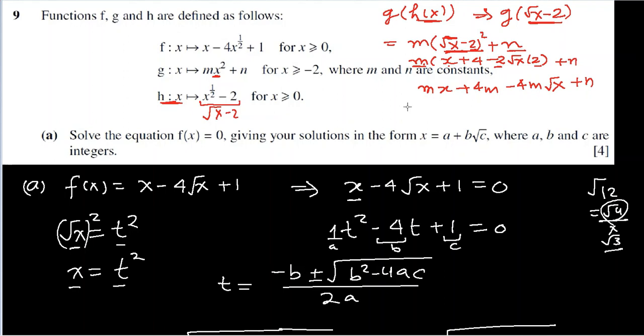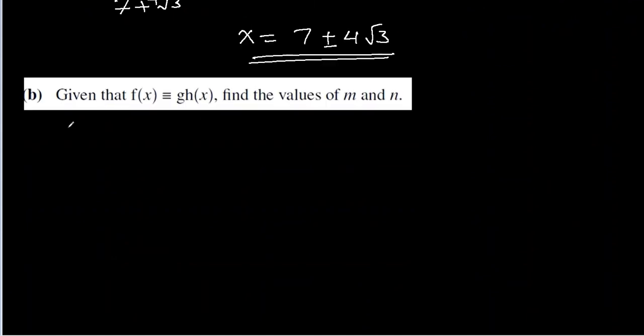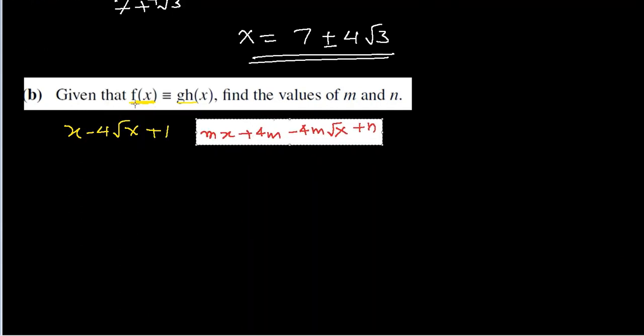So this is what I'm going to use there as g(h(x)). So what was f(x)? It was x minus 4 square root x plus 1. Now these two will be used to solve. This was f(x), and g(h(x)) we just got equal to this. Alright.